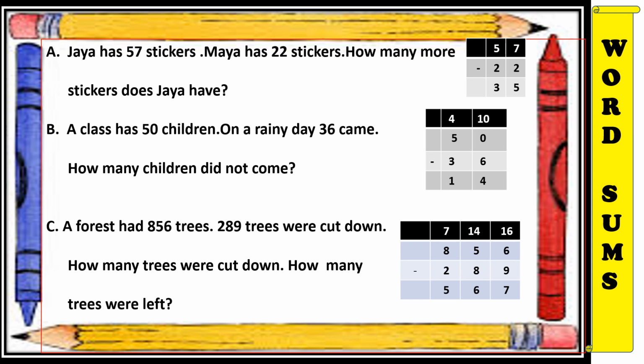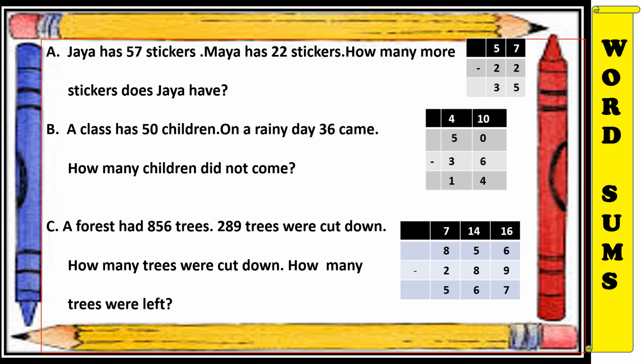Here it becomes 10. 5 becomes 4 because 1 has been given to the ones place. 10 minus 6 is 4 and 4 minus 3 is 1. So children, how many children are there? 14 children are there who did not come to school on that rainy day.